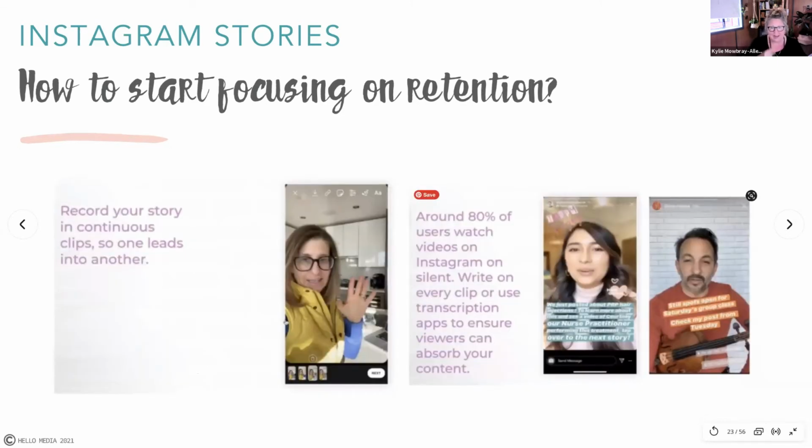So let's have a little look at how to start focusing on retention still. Record your story in continuous clips so one leads into another. And then this bit here says around 80% of users watch videos on Instagram on silent. So like I said, write on every clip or use transcription apps to ensure that viewers can absorb your content. Now, if you have a little look down here under Subi, you'll see there's 4.